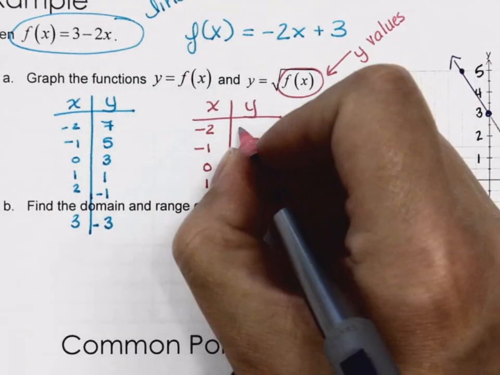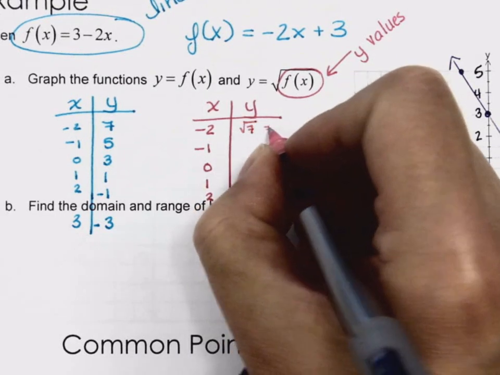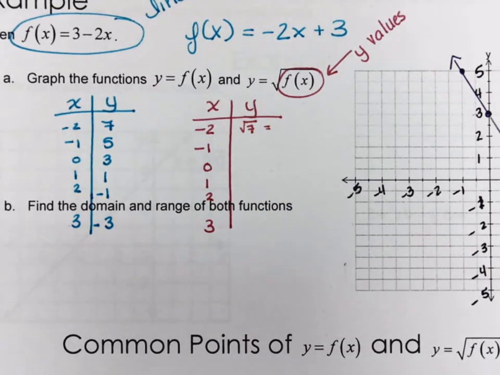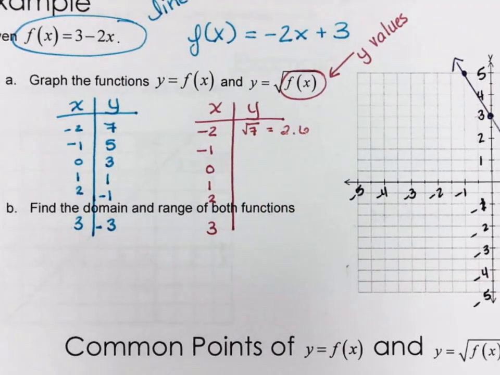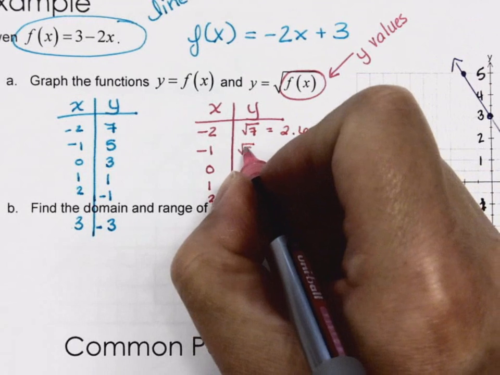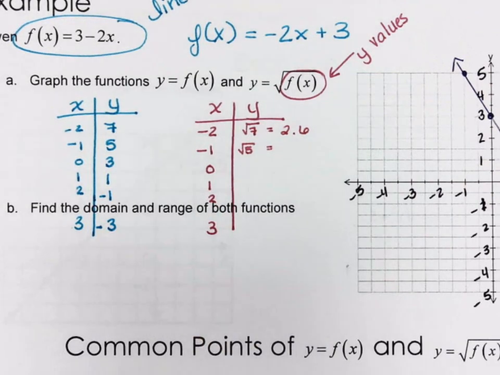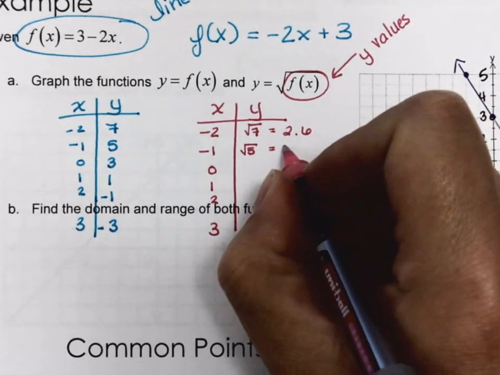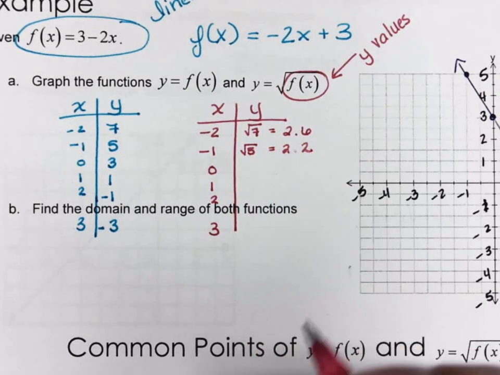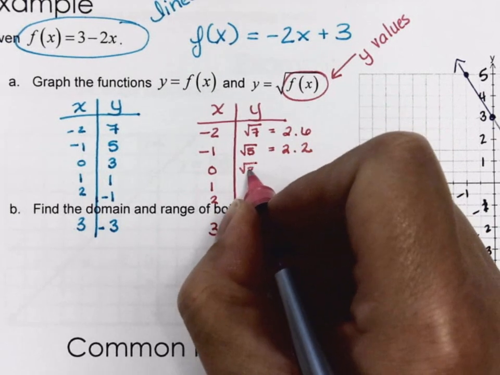So this would be the root of 7, which is not helpful to me when graphing. So root of 7 is 2.6. And then it's going to be the root of 5. And I'm just going to put the root signs. You guys obviously know what I'm doing, but I just want to remind us that that's what we're trying to do here.